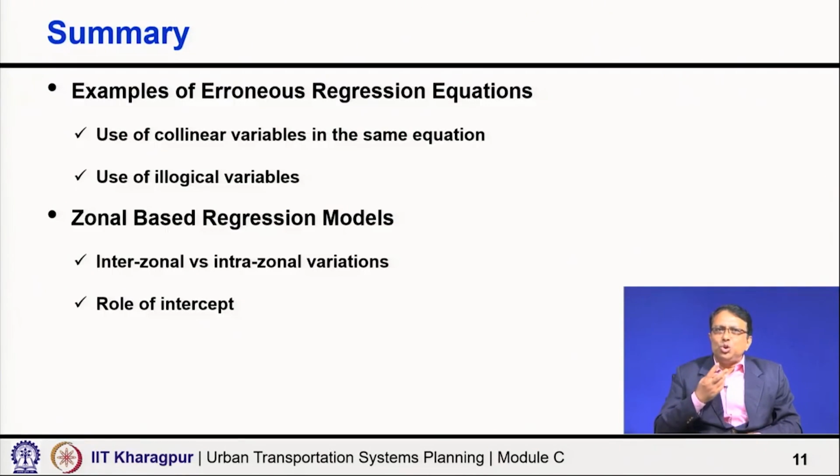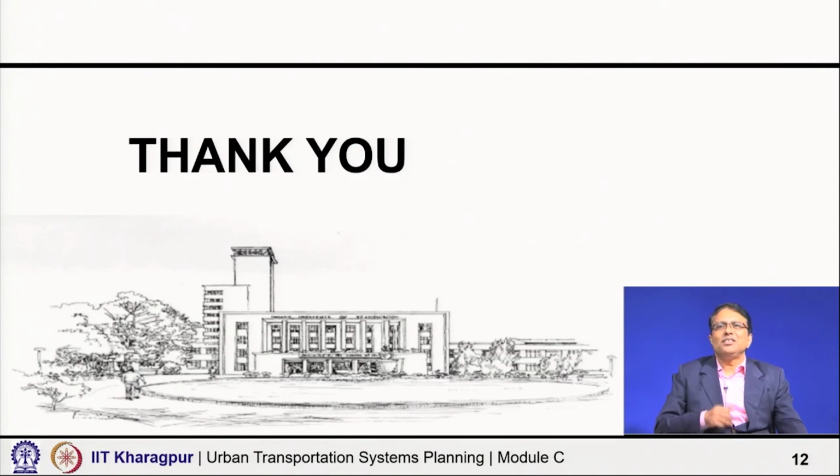And then the two basic considerations of zonal based regression that we discussed. One is interzonal variations versus intrazonal; we want interzonal variations to be high, not the intrazonal, but in many cases that may be a problem. And we also discussed the role of the intercept in the context of zonal based regression, and the different possibilities and aspects. So with this I close this lecture and thank you so much.